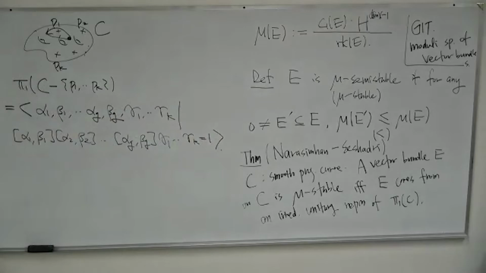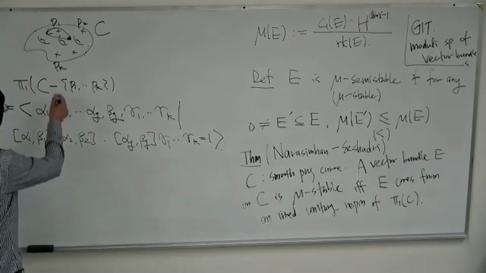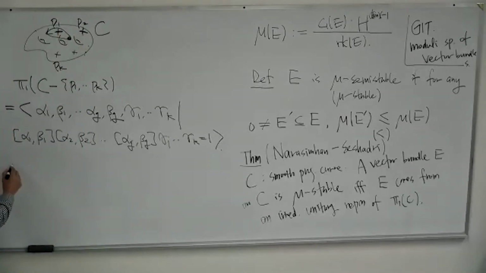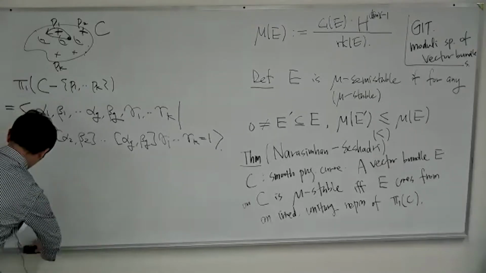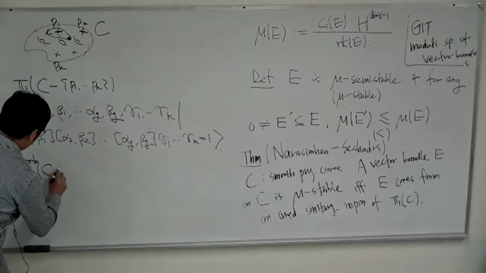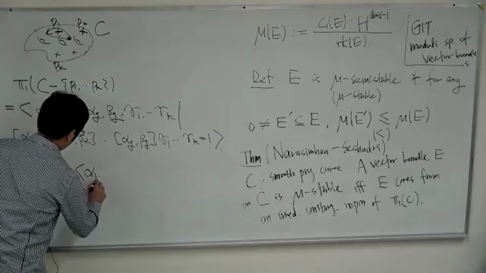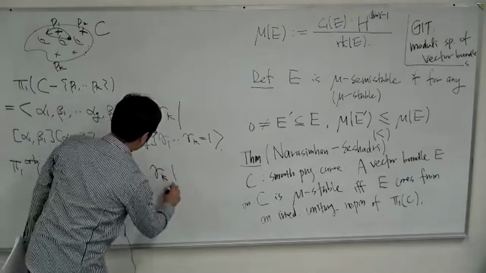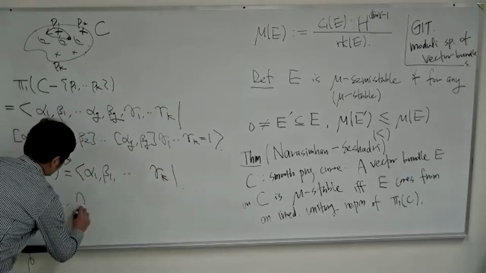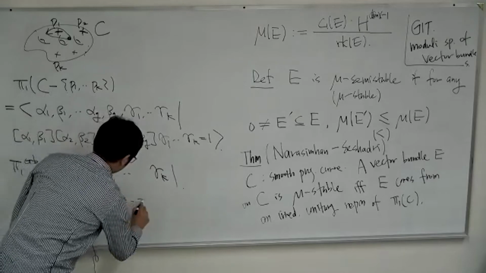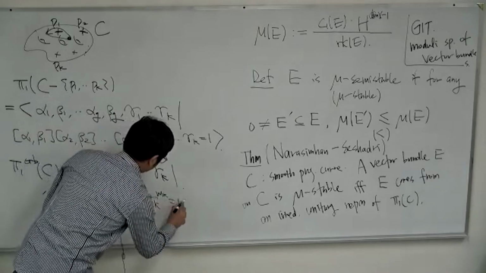So I can consider this punctured Riemann surface, and sometimes I can consider the orbifold, with branching over these points. Then the orbifold fundamental group of this Riemann surface is the same as alpha 1, beta 1, ..., gamma k, having the same relation, and gamma 1 to the m1 is equal to gamma 2 to the m2 is equal to gamma k to the mk, is equal to 1.